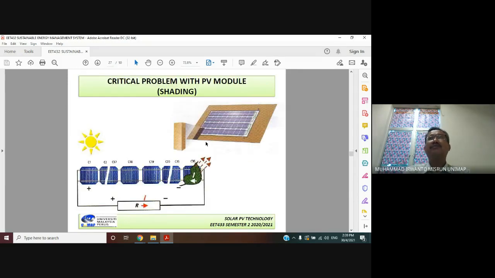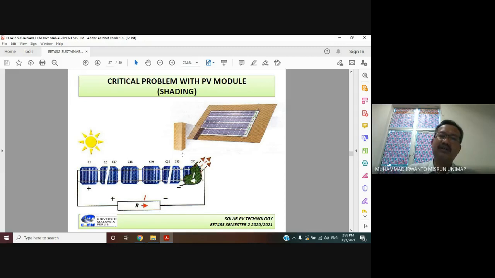Okay, now when we connect PV modules together in series and parallel, suddenly, for example, a leaf arrives on the surface of a PV module. We know this is the shading effect. This condition will affect the current generation.